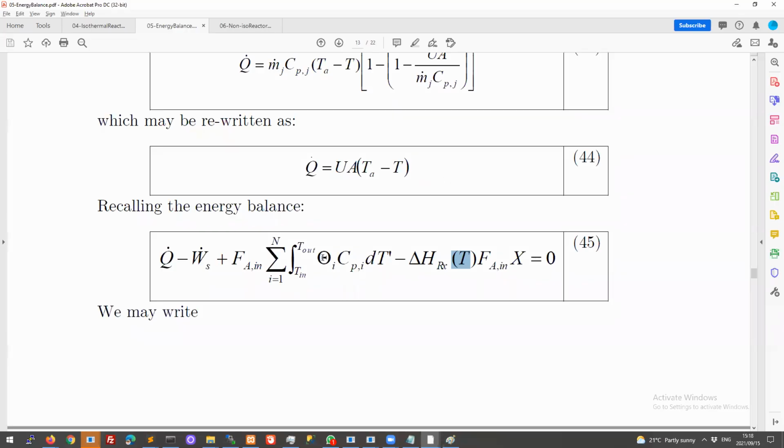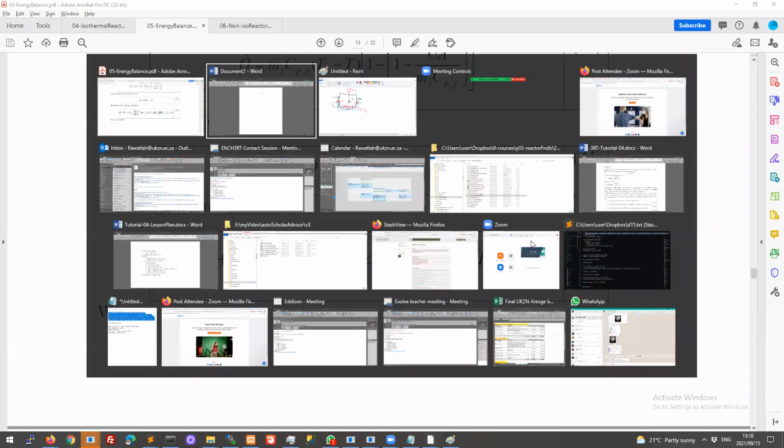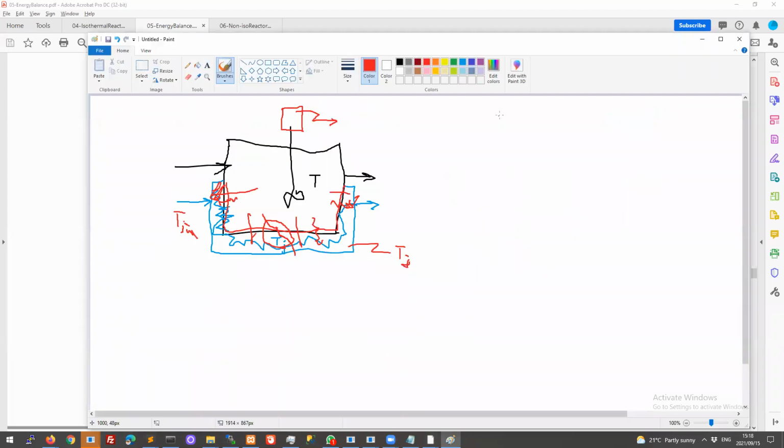If heat capacity is approximately constant in temperature, and that's a fairly reasonable assumption, this is basically the equation of a straight line. So as the temperature rises, your conversion can change approximately linearly with temperature.